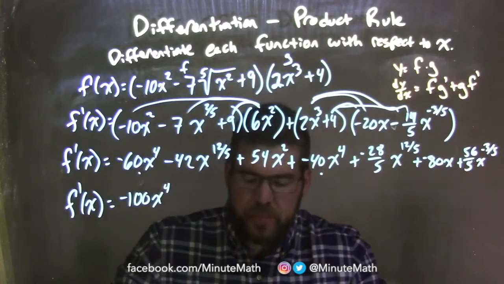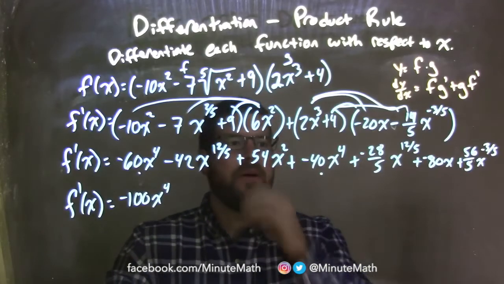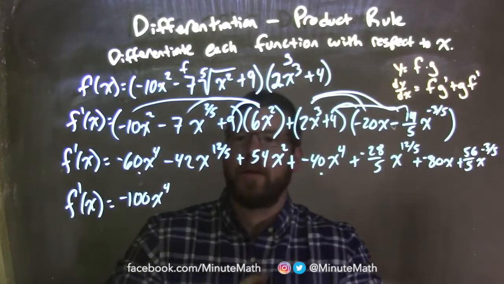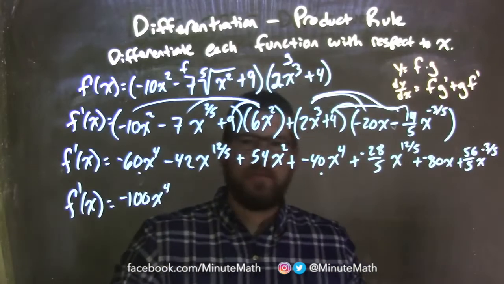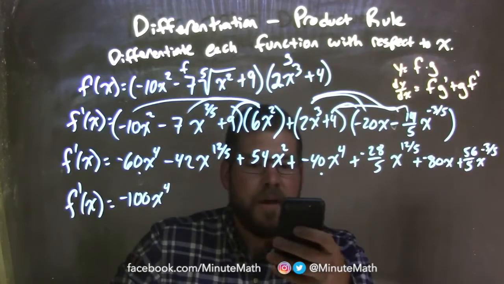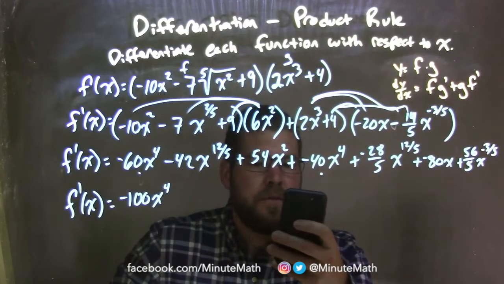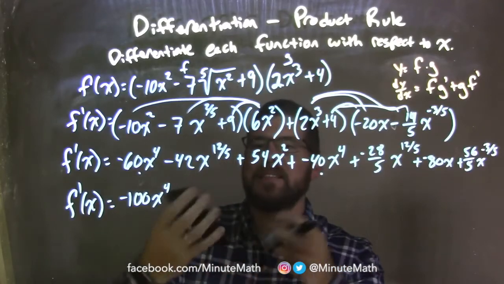Now, if I want to combine these together, how do we subtract this? Well, we have negative 42 combining with the negative 28 over 5. Let me see if I can do that with my calculator here, because I don't feel like doing it out loud. 42 plus 28 divided by 5 is 47.6 as a decimal.